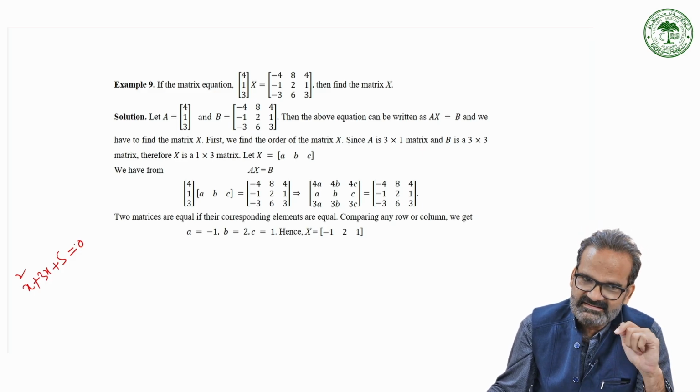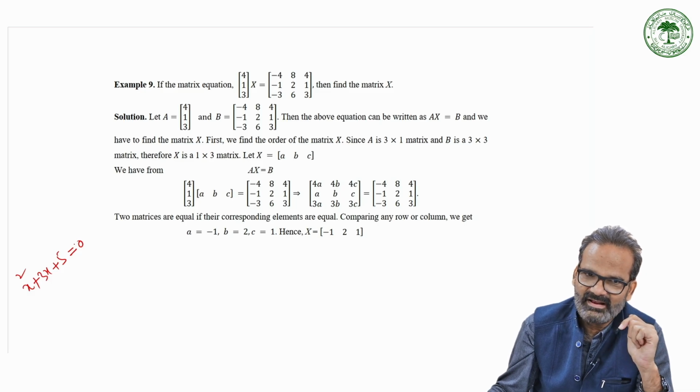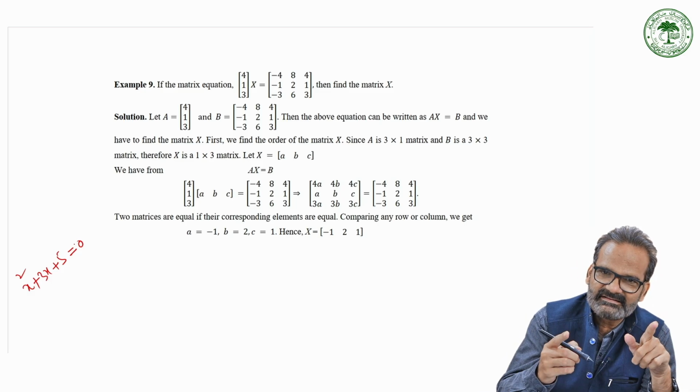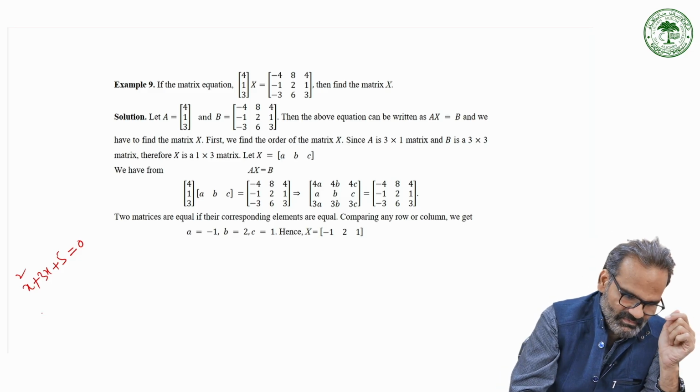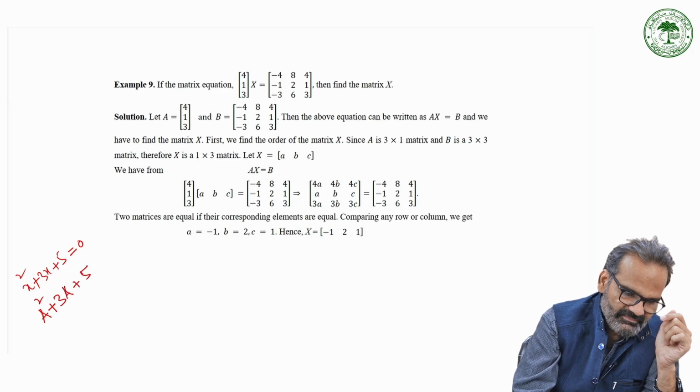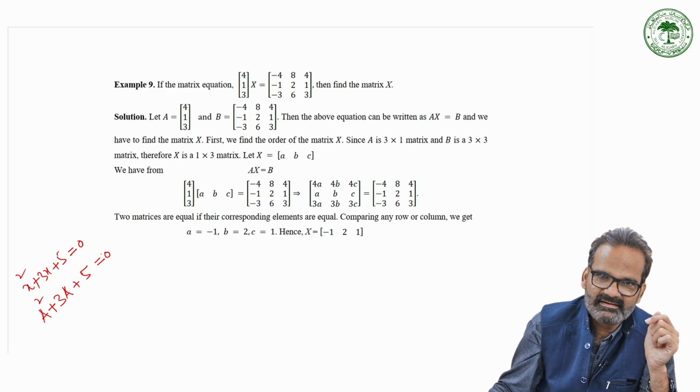If I replace this variable x by any matrix, then what will happen? Say x is replaced by a matrix A. So what we will get here: A square plus 3A plus 5 equals 0.